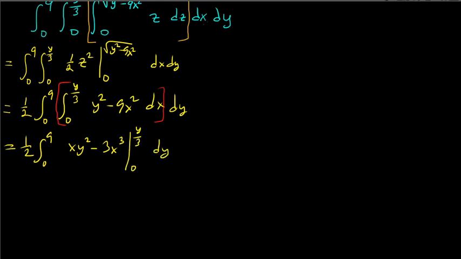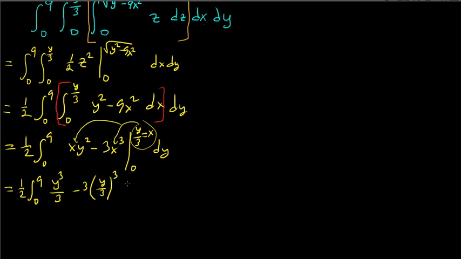And then we can do the y integral, right? So remember, we're plugging in x equals y over 3. So we plug that in here and in here. So what are we going to get? We're going to get, let's see, y times y squared is y cubed over 3 minus 3 times y over 3 cubed.